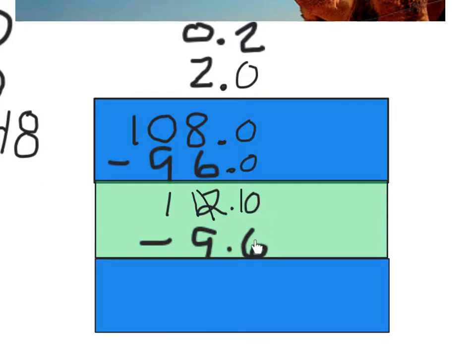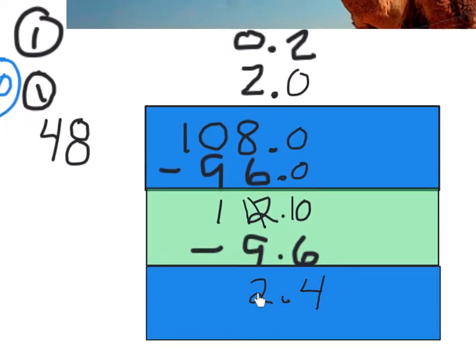10 minus 6 is going to give me 4. I'm going to just drop the decimal, and then I'm going to have 11 minus 9 is going to give me 2 right here. And then I'm looking at it as a whole number, right? I'm going to look at the 24, and because I'm going to ignore the decimal for now, it is indeed smaller than 48.